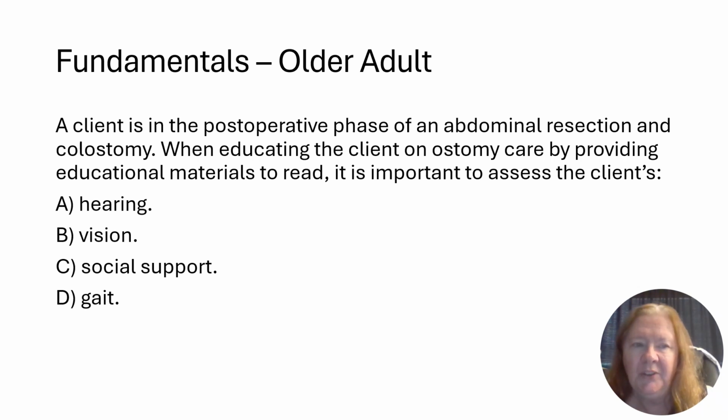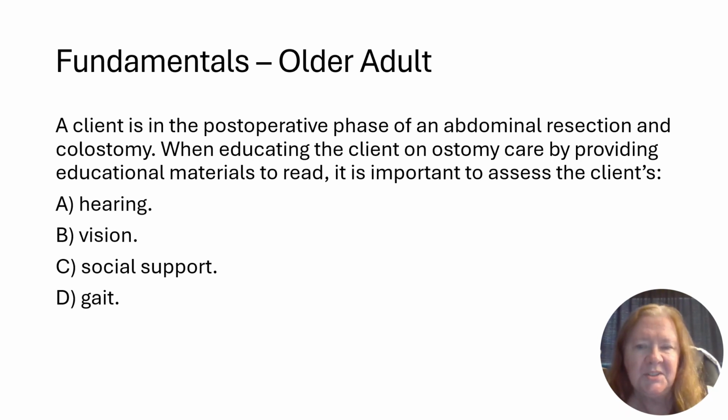Let's go over the other answer choices. A is hearing. Hearing is important, but it's not asking you about hearing. It's asking you, what does the nurse need to assess when providing educational materials to read? The nurse needs to determine with their assessment skills whether the client's vision is adequate enough to read the material that you're providing.